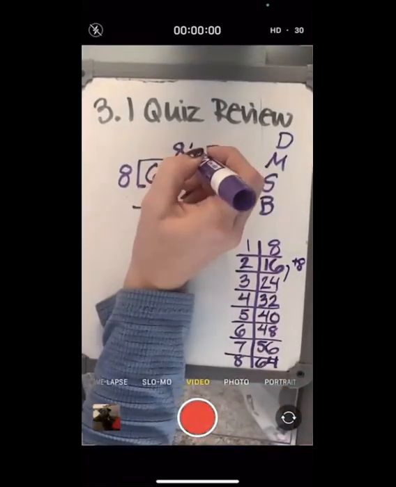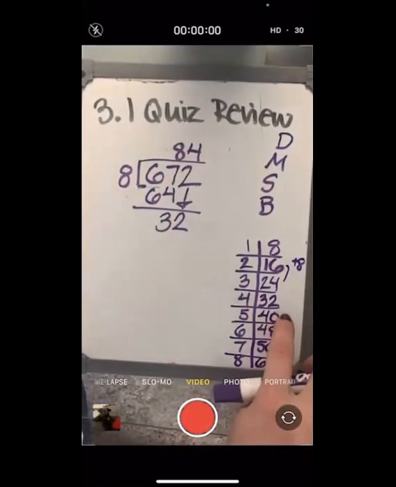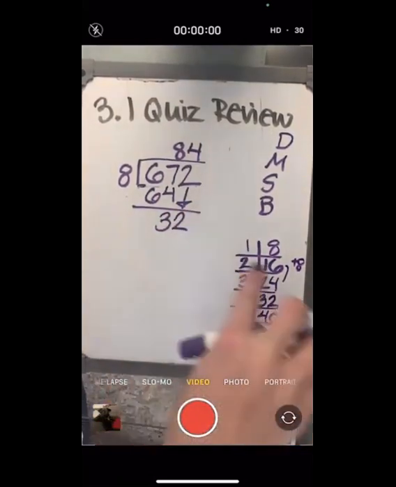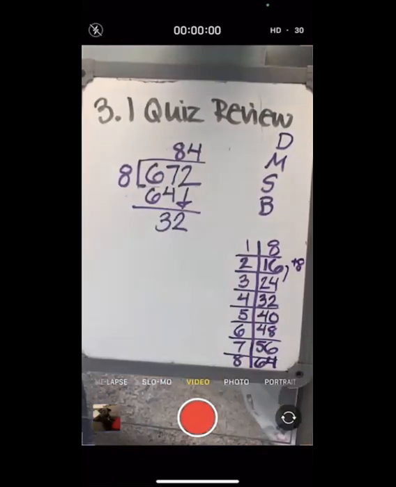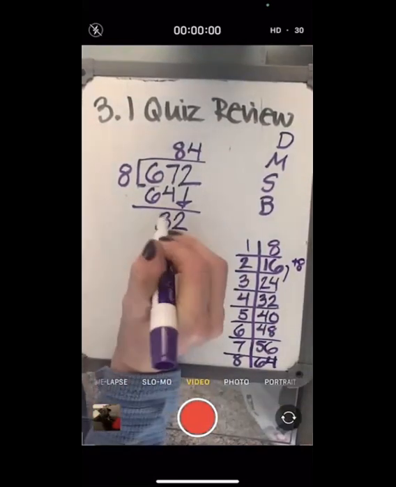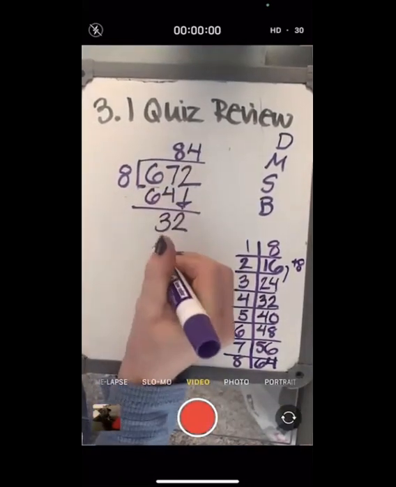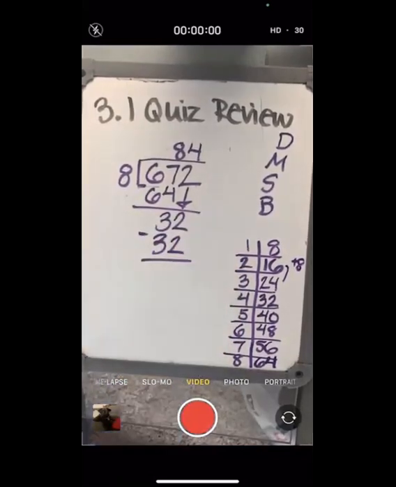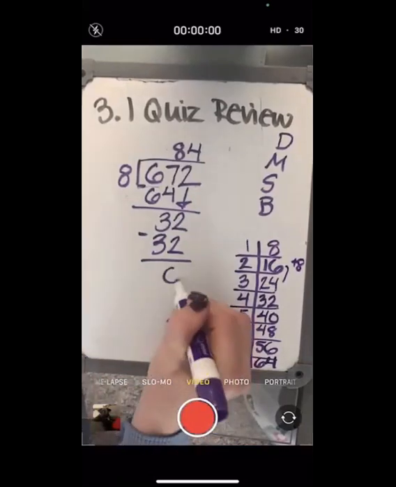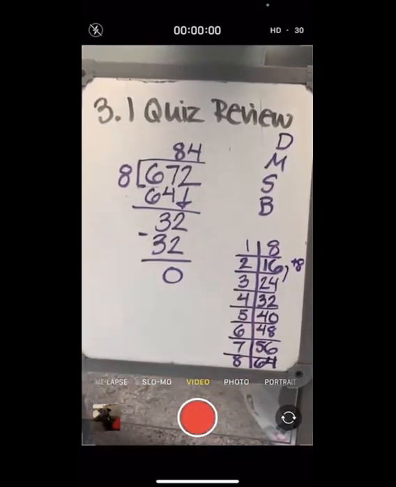Even if it's not exact, maybe it was 30 here, you could still use this. All right, 32. What am I left with? 0. Thank you, PJ.